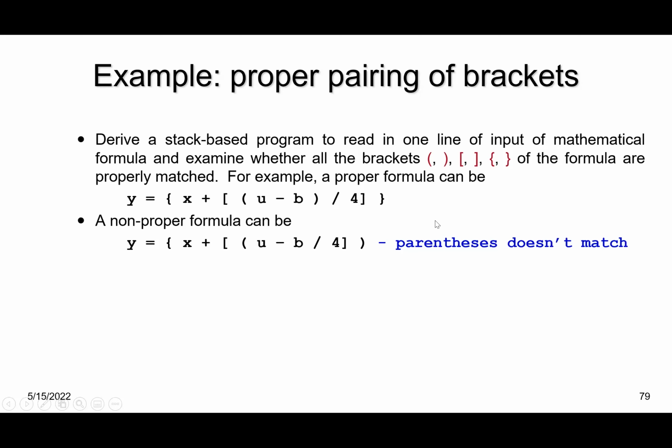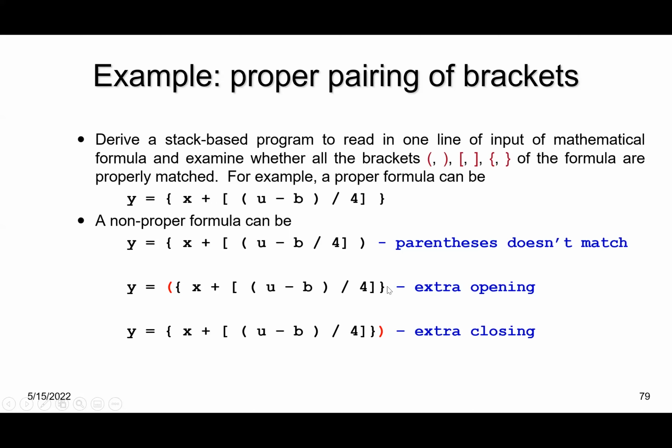Then another way that it doesn't match will be everything match, but you have 1 extra opening. Means you have 4 opening, but you only have 3 closing. It also consider it's not proper, I mean, the parenthesis doesn't match up, right?